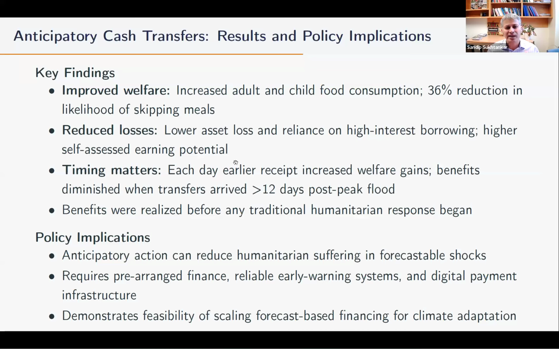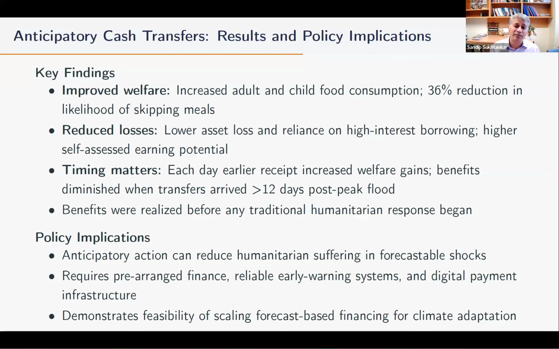And what's really nice is they can see, because there was some variation in exactly where money came and exactly when people got money after the floods, that the timing really matters, right? If you get money 2 months after the floods, you've already suffered quite a lot. So that's not really helpful.